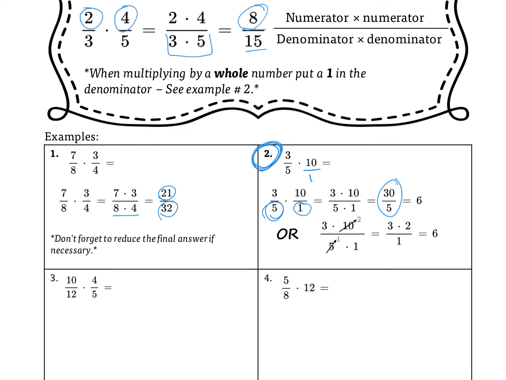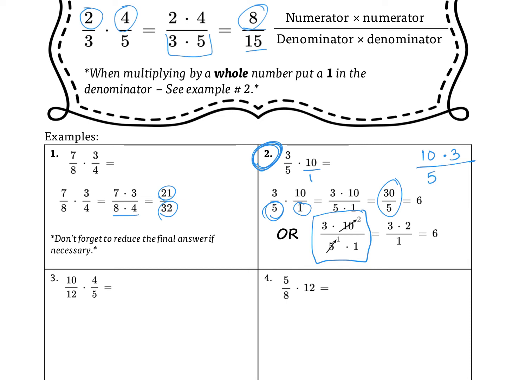Now, some of you may remember how to cross cancel. Okay, and that we can only do this when we're looking at strictly multiplication. And so here, what I did is I technically rewrote 3 times 10 over 5 times 1. Okay, so let me do 10 times 3, which still gives me 30. All I'm doing is reversing the numbers.